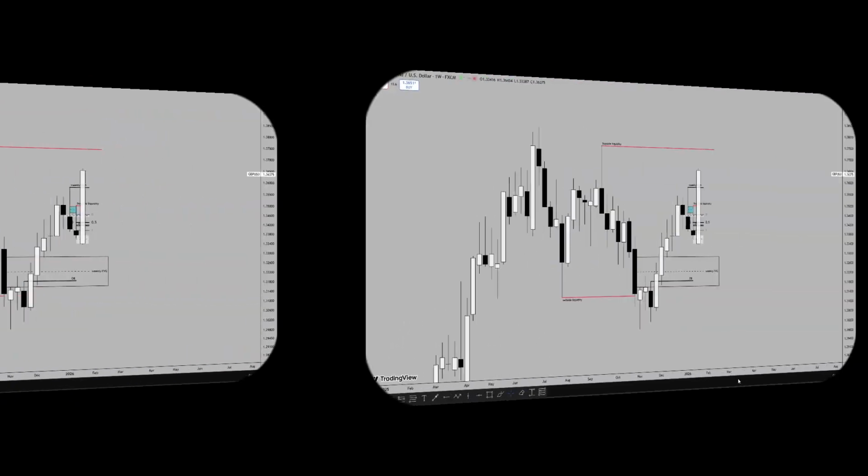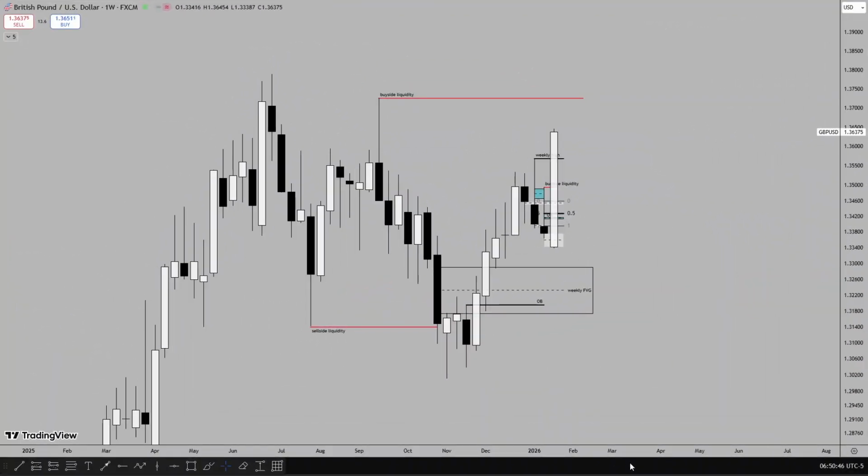On the weekly time frame on GBP USD, on this week's live top-down analysis, I talked about price currently, looking at how the weekly time frame is structured, retracing to the weekly fair value gap that is not aligned with the dollar index.